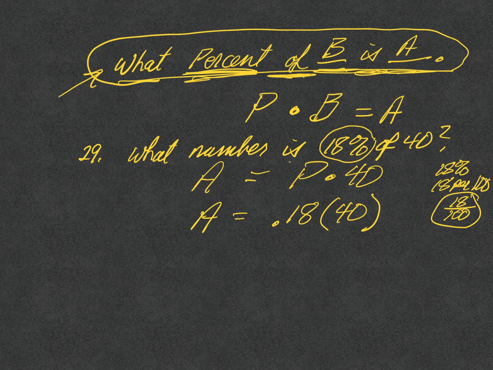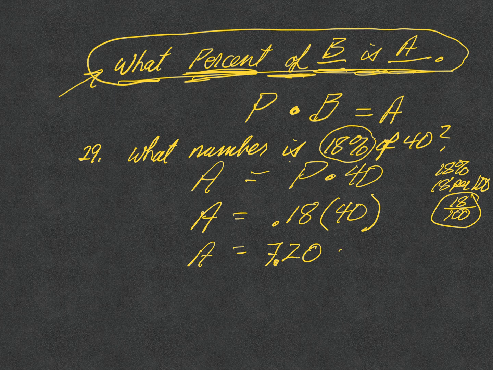So what number is 18% of 40? 18% of 40 is going to be smaller, so if we take A and we take 0.18 times 40, we end up with 720 when we multiply this, but 2 decimal places.